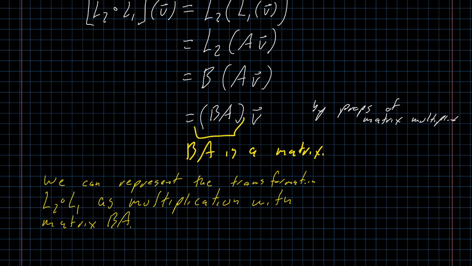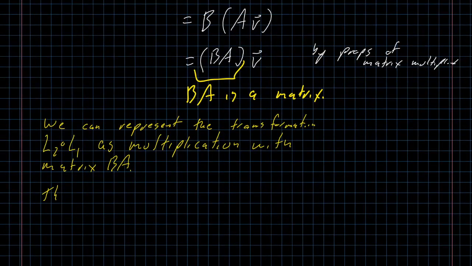And because we can represent it as multiplication with a matrix, it is linear. Any transformation which can be represented as matrix multiplication is a linear transformation. Any linear transformation can be represented as matrix multiplication.